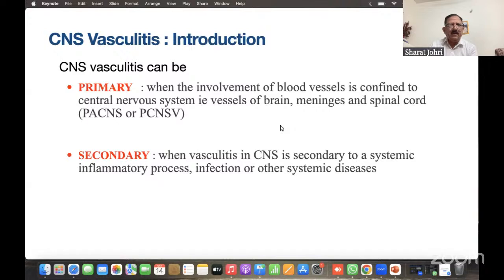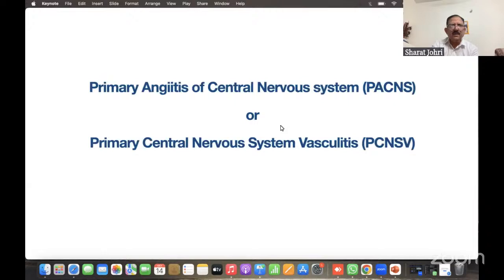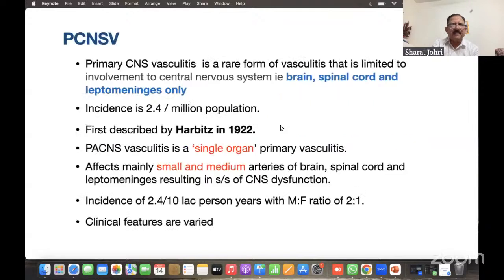A little bit I'll talk about secondary CNS vasculitis and some prototype secondary CNS vasculitis which we see, which can involve the brain. Primary angiitis of CNS is the one which we rarely diagnose and often it is missed.